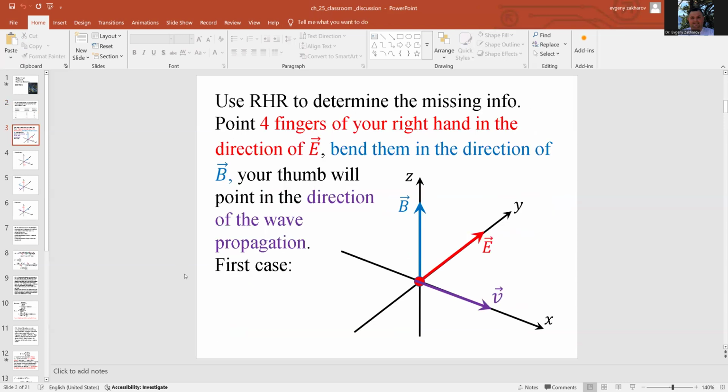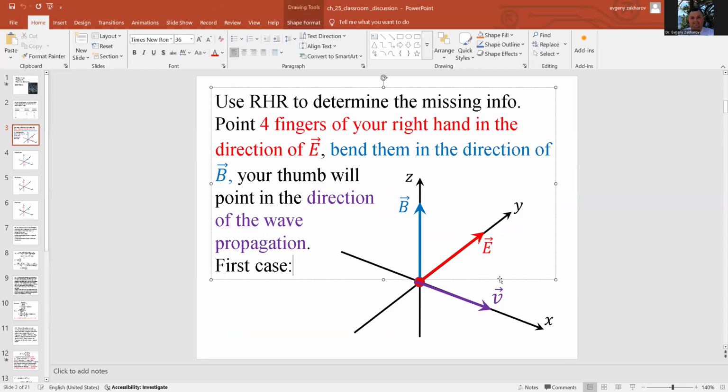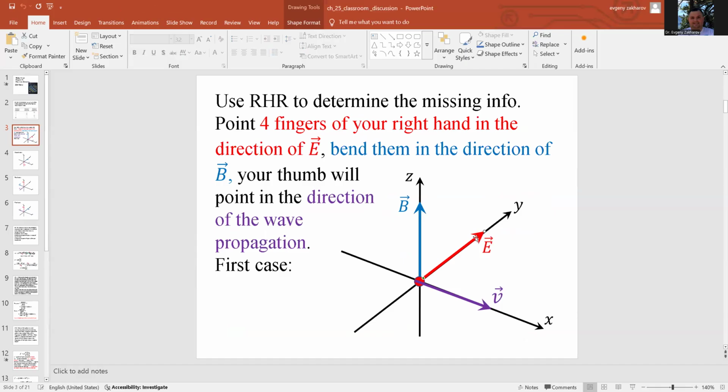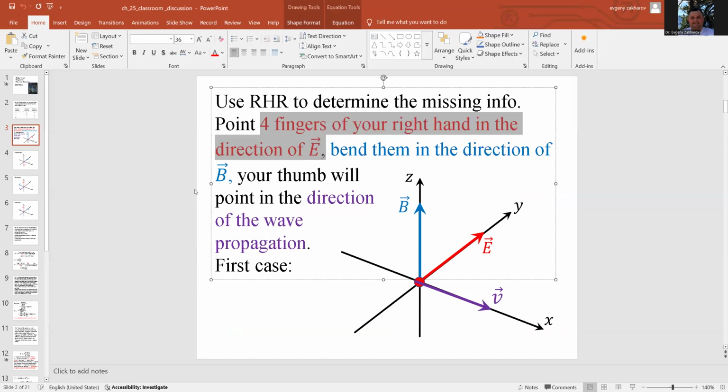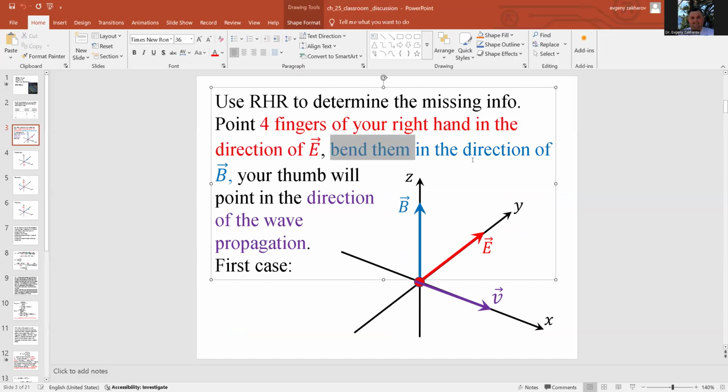So let's see. Yeah, here we go. This is a good sketch. You've got the electric field into the page. So four fingers into the page, and you curl towards the magnetic field direction. So you curl up. Four fingers in the direction of the electric field and bend them in the direction of the magnetic field.